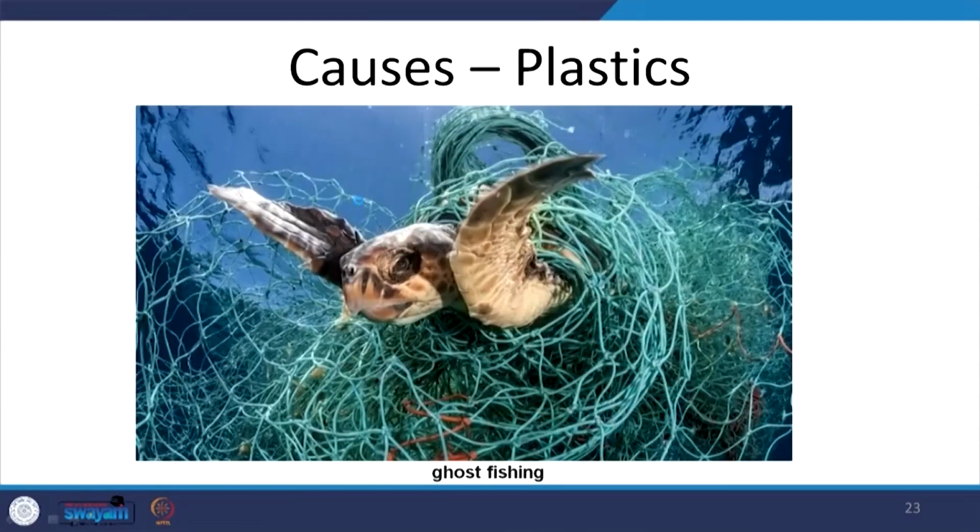Another major cause is dumping of plastic. We are seeing distressing images like this. A lot of aquatic life like this turtle are dying because of the plastic which is flooding our oceans and other water bodies.